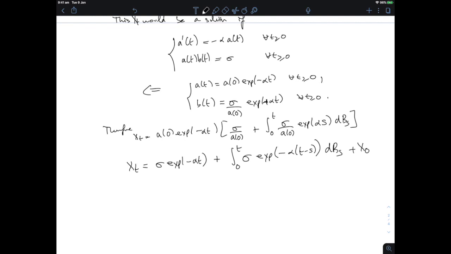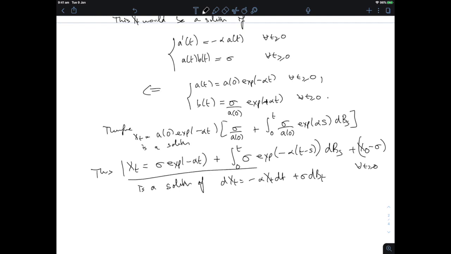So at 0 here, this term will be 0, this term will be sigma, so I have to add x naught minus sigma here. So this here is a solution of the equation dxt equals minus alpha xt dt plus sigma dBt.